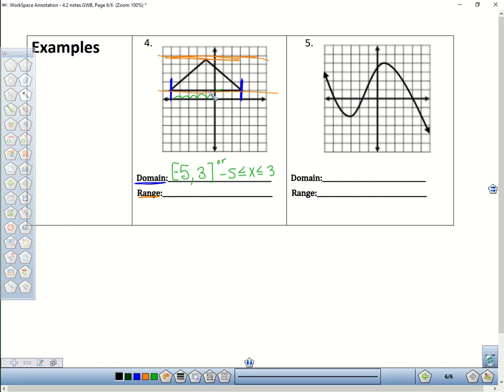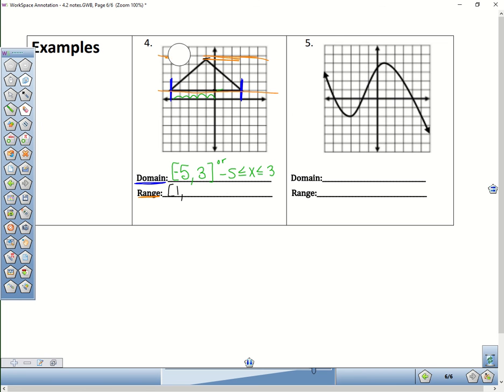And now we'll talk about range. So range is up and down, the y values. What's the lowest y value this relation takes, rather, it's not a function? It goes to 1. So from 1 all the way up, 1, 2, 3, 4, it looks like it goes to 5.